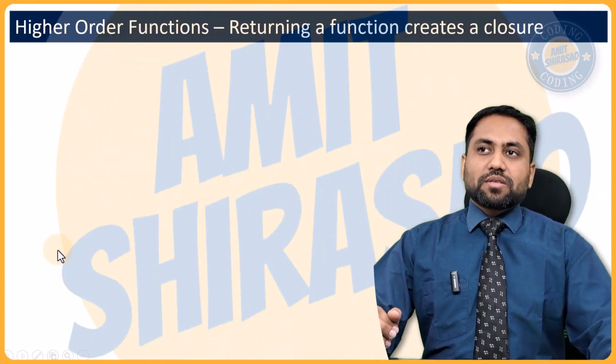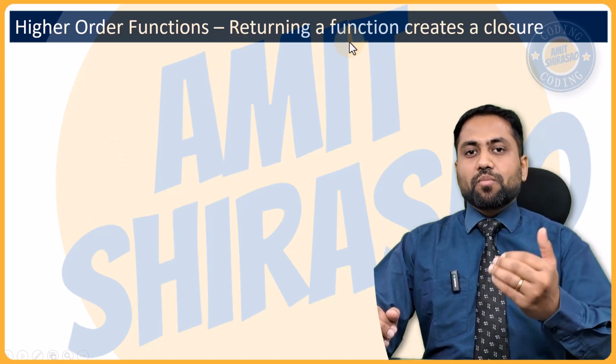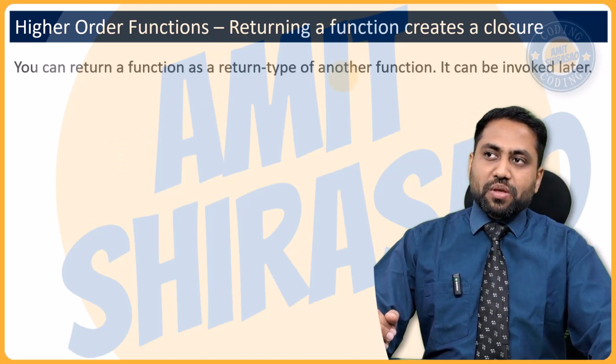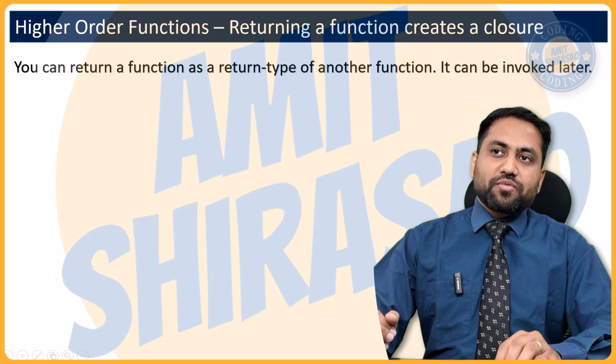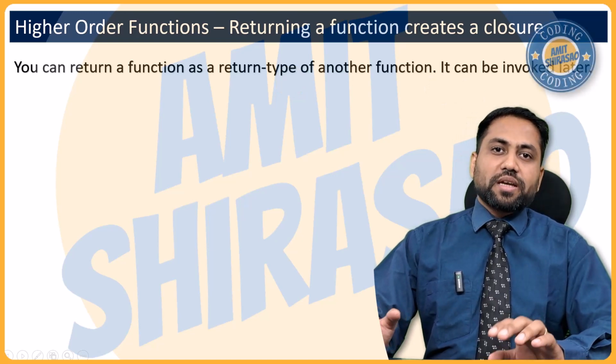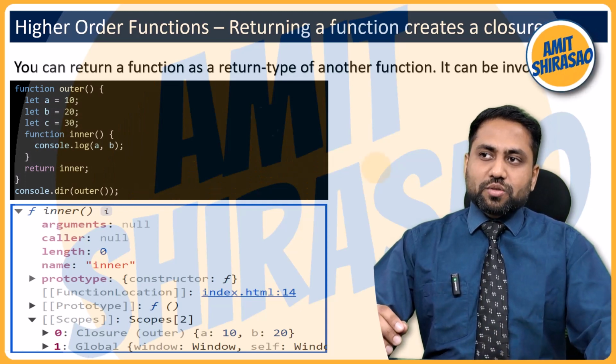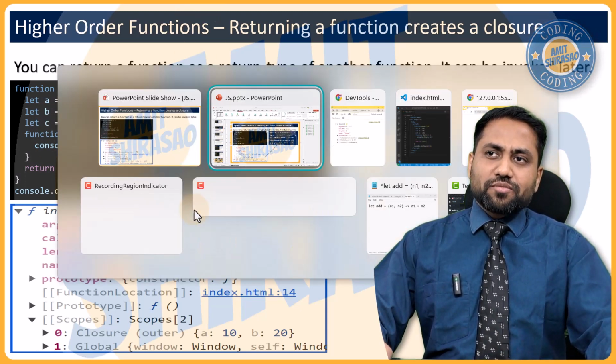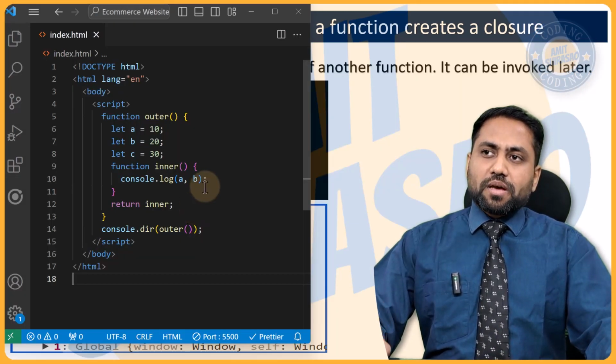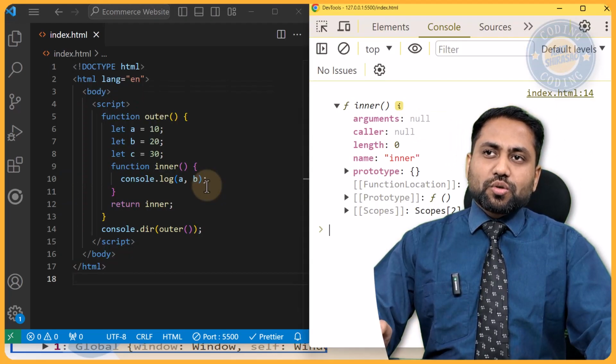Next example is how to return a function from a higher order function. You can always return a function as the return type of another function, and it can also be invoked later. This is how you do it. Let us see this example in more detail. I've just copied it over here, and I'll also show you the console. This is what is consoling out.